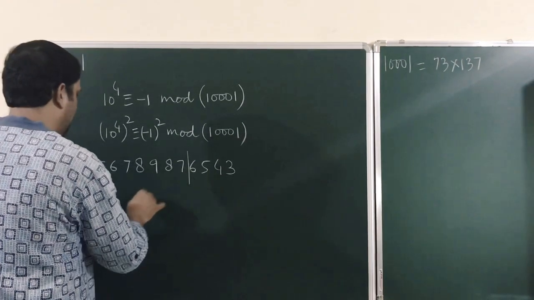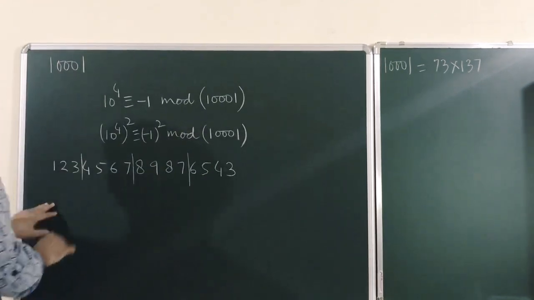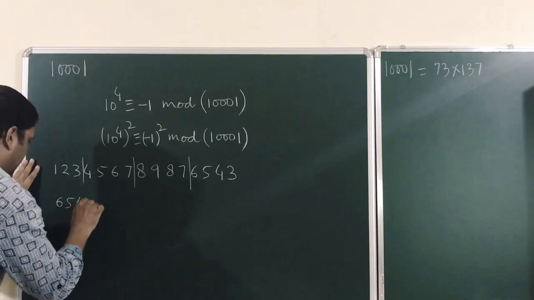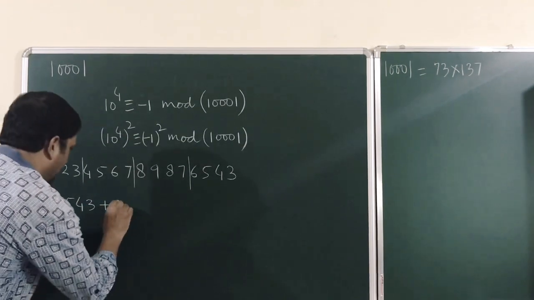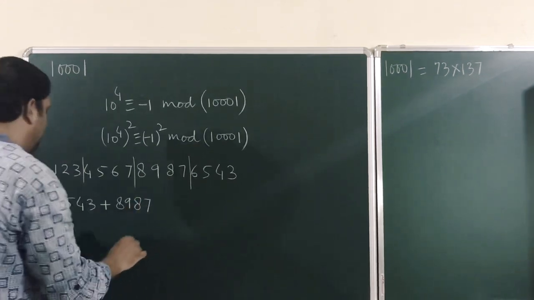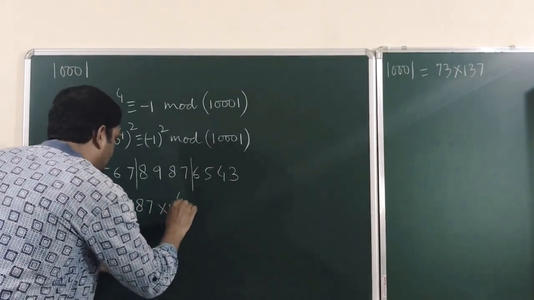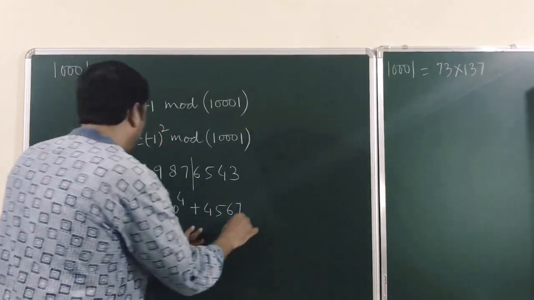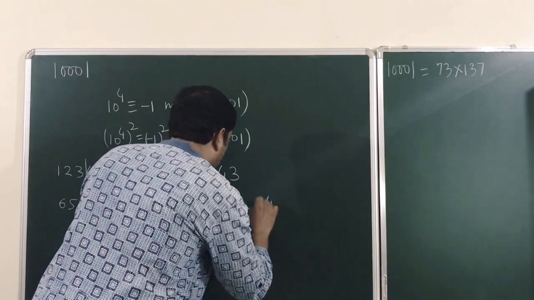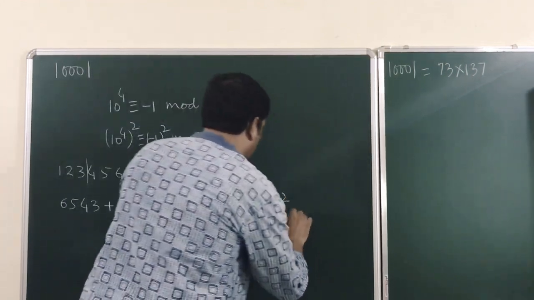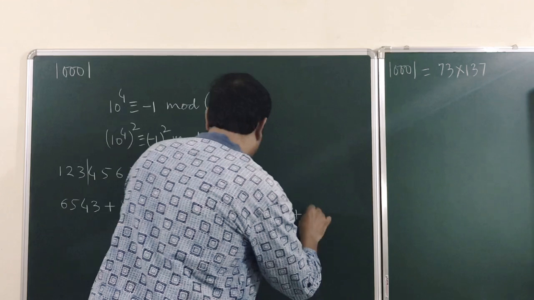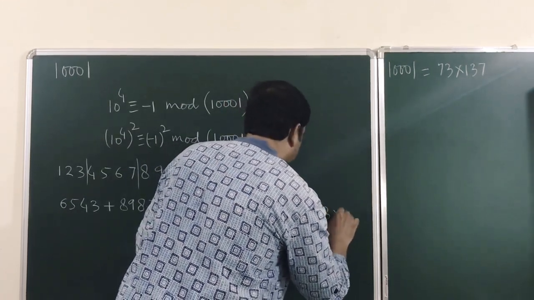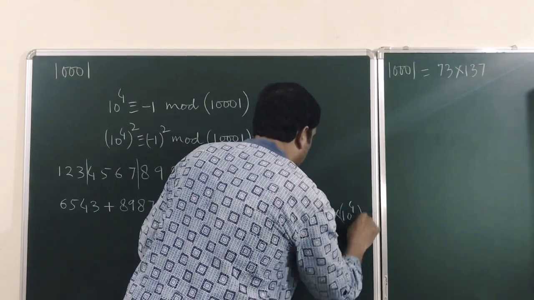I'll make blocks of 4 like this, and we can write it as 6543 plus 8987 into 10 raised to the power 4 plus 4567 into 10 raised to the power 4 whole square plus 123 into 10 raised to the power 4 whole cube.